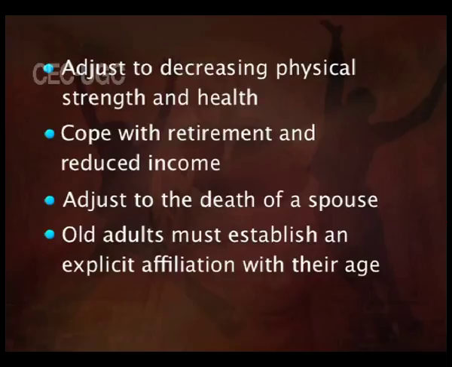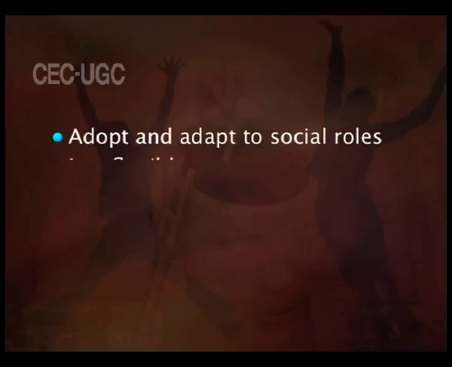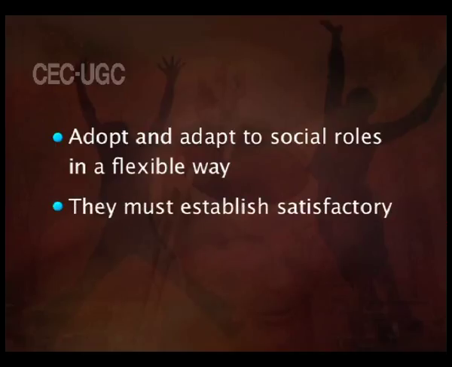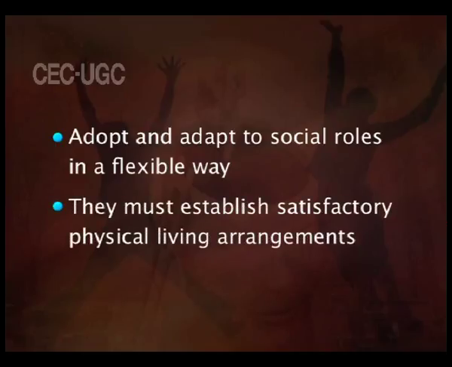Old adults must establish an explicit affiliation with their age group, and they must adopt and adapt to social roles in a flexible way. And finally, they must establish satisfactory physical living arrangements. Examples of these could include living at home on one's own, living at home with one's children, or living in a care home.